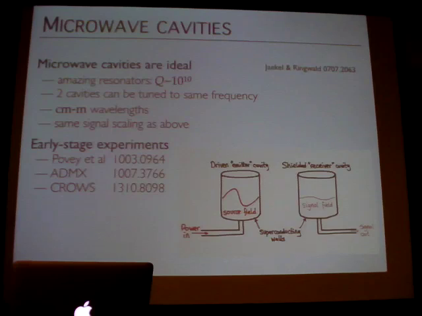Instead of lasers, another perfectly reasonable thing to use are microwave cavities, right? We have a lot of experience in the accelerator community in building really good microwave cavities. One can have amazing resonances, like Qs of 10 to the 10, possible with superconducting resonators, and one can indeed have two cavities that are tuned to the same frequency. Then you look at the microwave wavelengths, centimeter to meter scale.